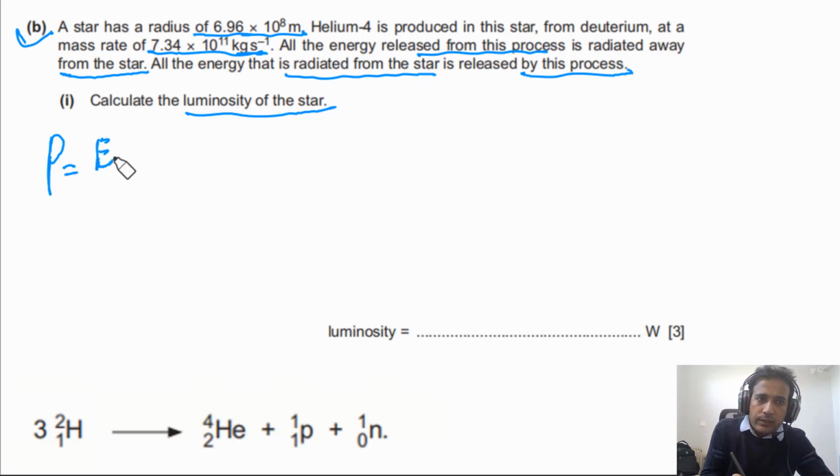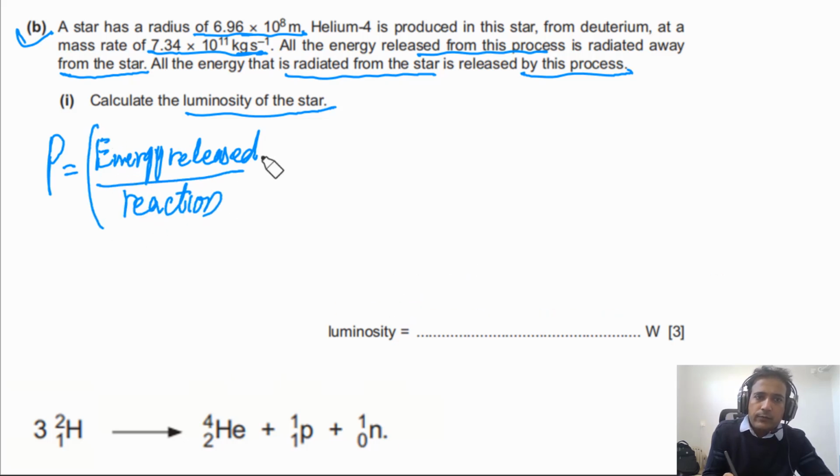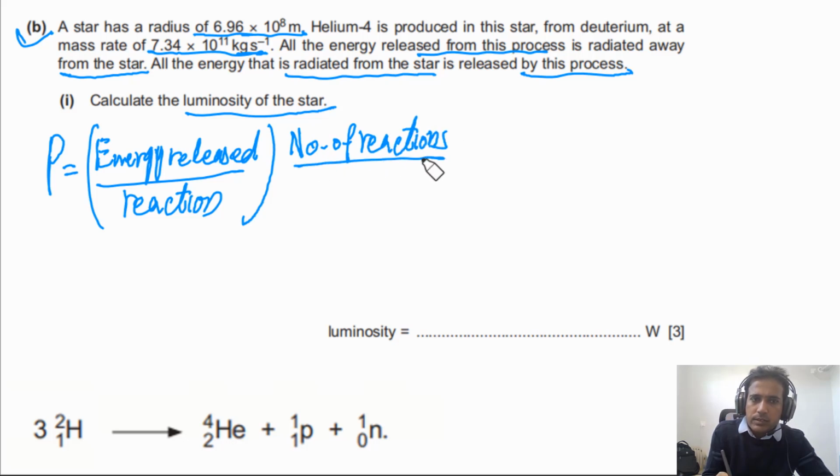If we have the energy released per reaction, and we multiply this with the number of reactions taking place per second, we can calculate power.